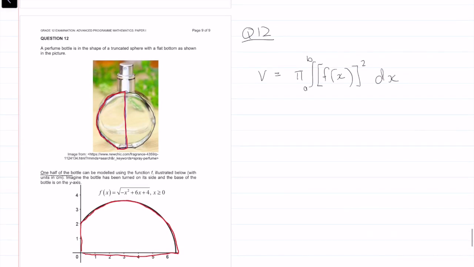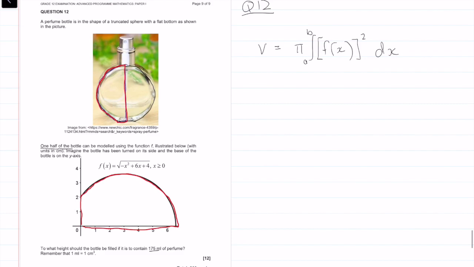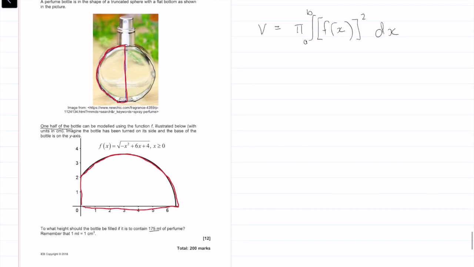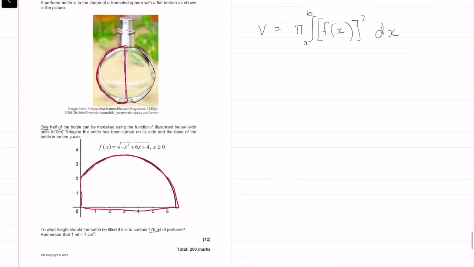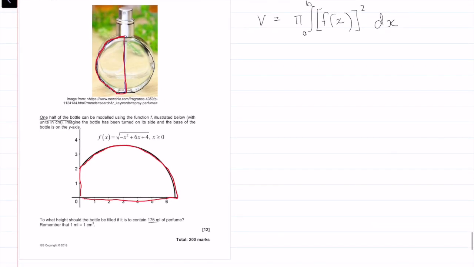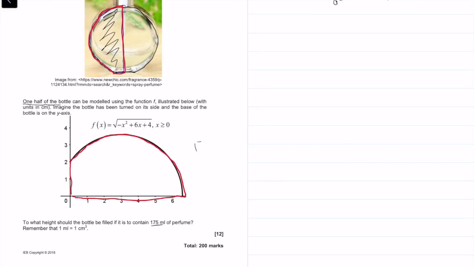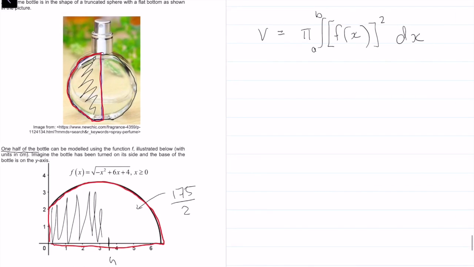Remember that in this question we only have half the volume, half of the side. Therefore, the volume we're actually dealing with is half of 175. That is the volume we want encapsulated from 0 to some height h.